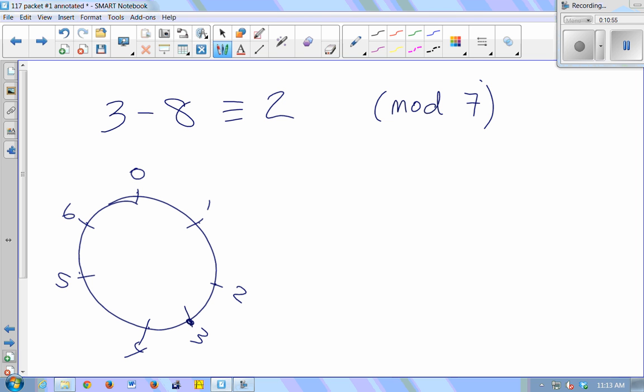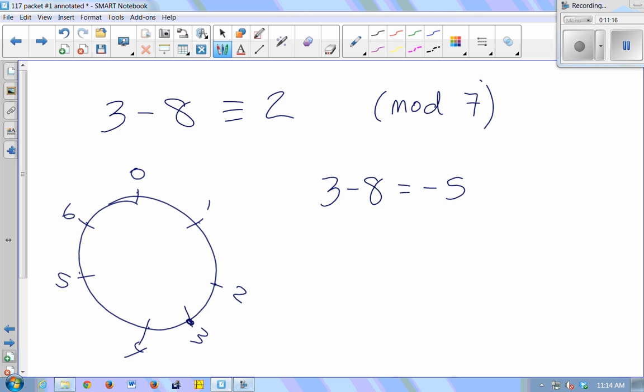Another way to do that without drawing a clock every time is to just repeatedly add or subtract the mod 7. You can just do the arithmetic regular, right? 3 minus 8 is negative 5 in standard arithmetic. And then you can always add or subtract the modulus and get an equivalent number on the clock, right?